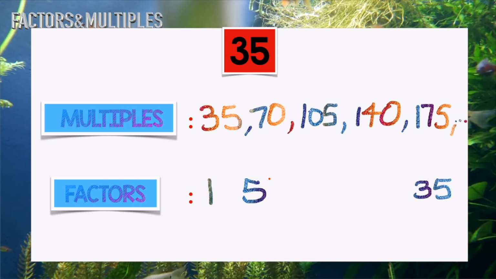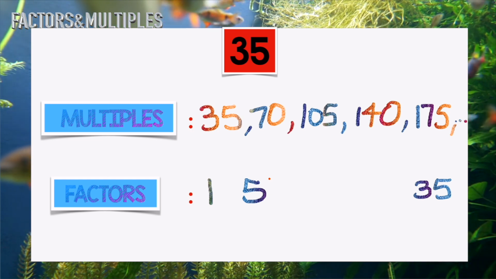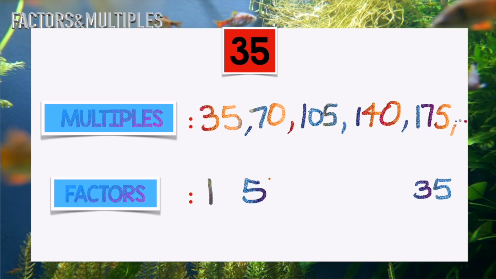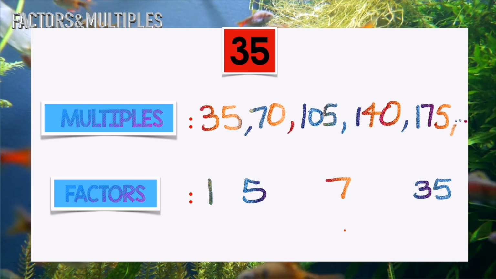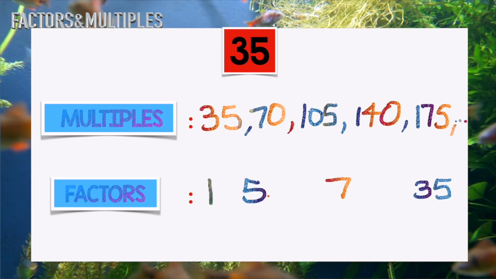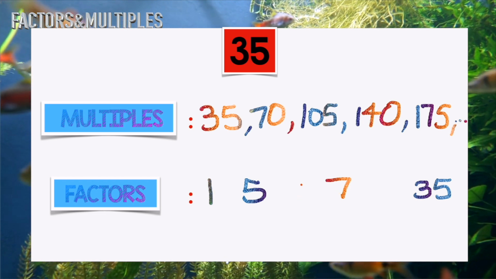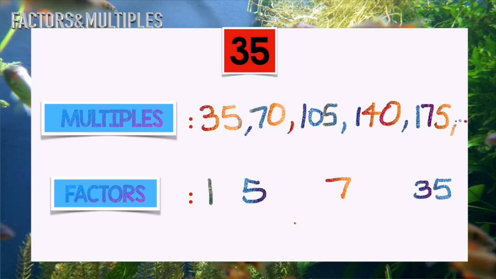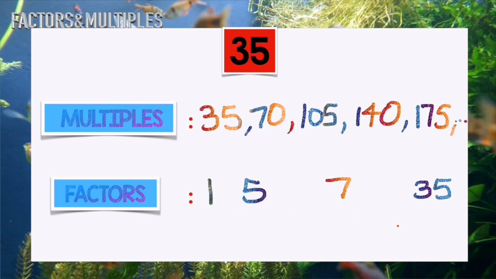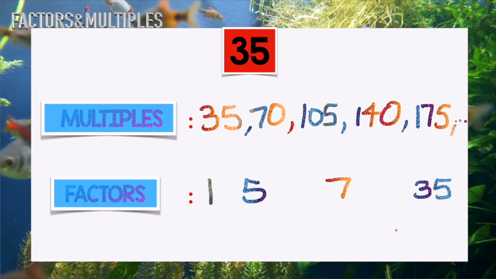So 5 times 7 gives me 35. That means 5 is a factor and 7 is a factor. So I'll put that in here. And the only other number left between 5 and 7 is 6, which is an even number, and we know 6 doesn't go into 35. Therefore, these are the factors of 35.